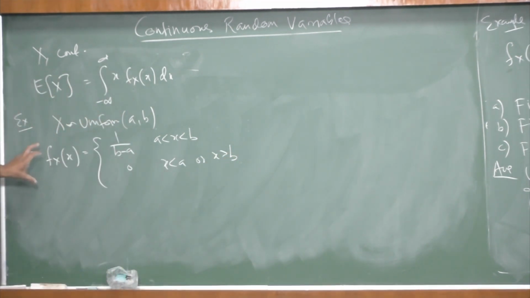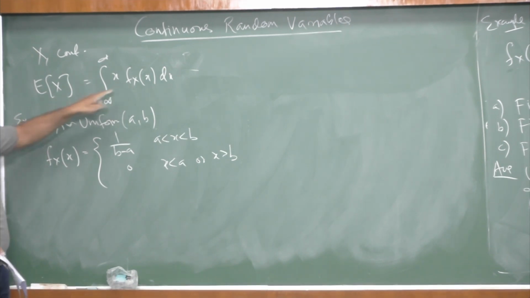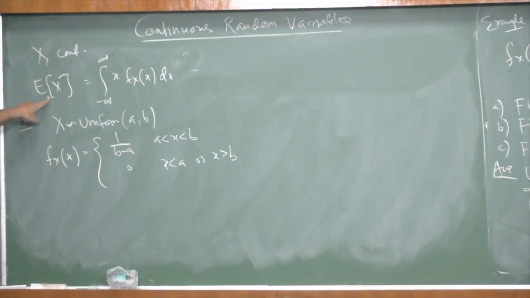Okay, so this is the uniform distribution defined now, and given the PDF, you're supposed to find the expectation of the x which is uniform within a, b. Okay, so obviously the integral will boil down to a to b because outside it's 0 anyway, so it will be integral a to b of this guy. Okay, so that is something you are supposed to do. Okay, so I leave this as an exercise.